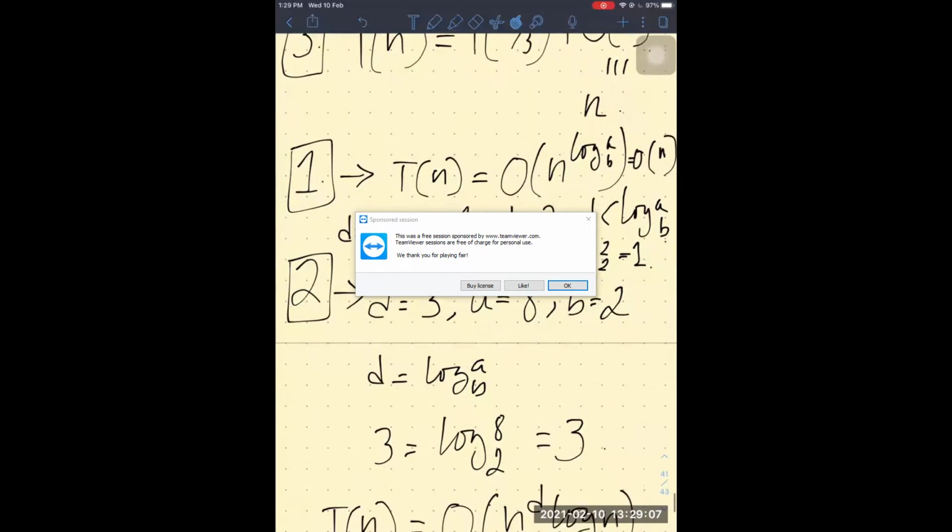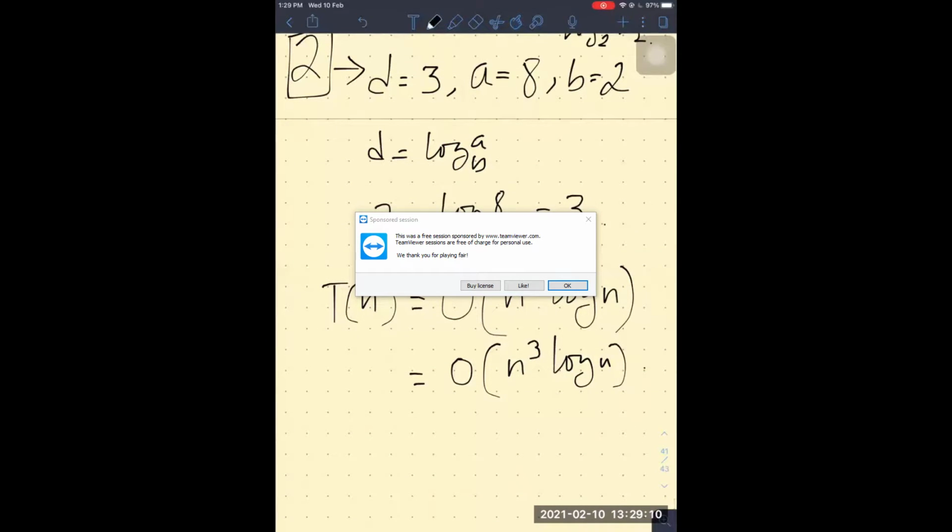You are correct. Can you identify A, B, and D for number 3? I got A equals 1, B equals 3, and D equals 1.